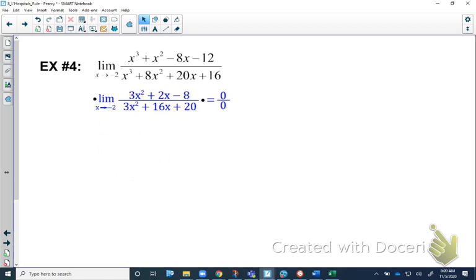Well, this is what L'Hopital's rule allows us to do. We can keep taking the derivatives. So now let's take the second derivative of the expression that we have, and we wind up with 6x plus 2 over 6x plus 16. Now we can check and say, okay, if I plug in the -2, am I going to get 0 over 0? And in this case, it should be pretty obvious that we're not. We're going to get a -12 in both the numerator and the denominator, but the 2 and the 16 that are there, neither of them are going to create a 0 if we do our direct substitution.